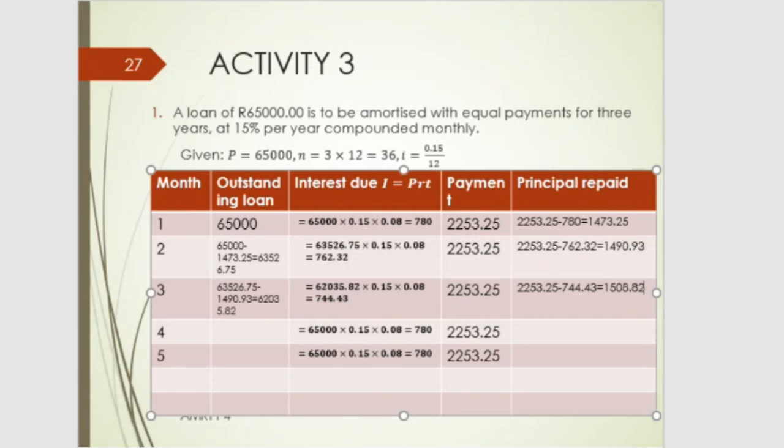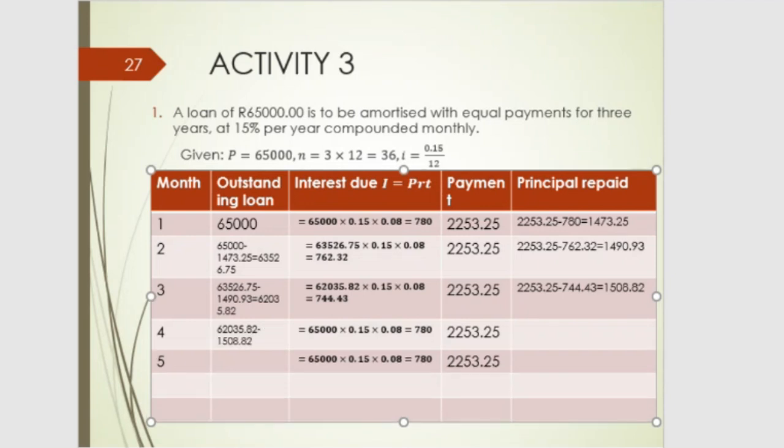So you take that value again, you subtract it from the outstanding loan from the third month, which was 62,035.82. Then you subtract it with that 1508.82.